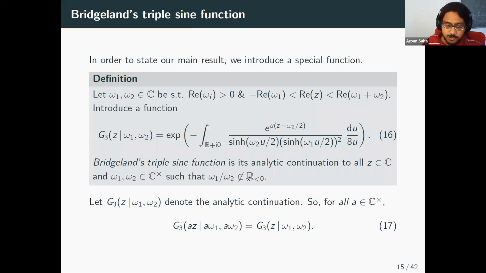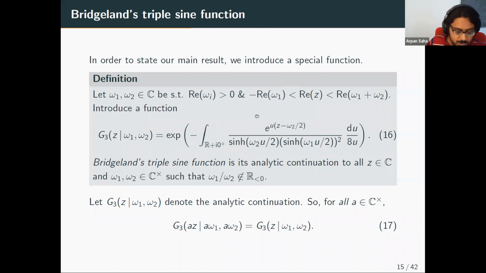So in order to apply this machinery of resurgence to the GW potential, we'll be needing a special function that was featured in a recent paper by Bridgeland on the resolved conifold. Now it's related to the standard triple sine function with repeated argument by a factor of the form e raised to some polynomial. Since they're very closely related, I'll just be calling this function Bridgeland's triple sine function, okay?